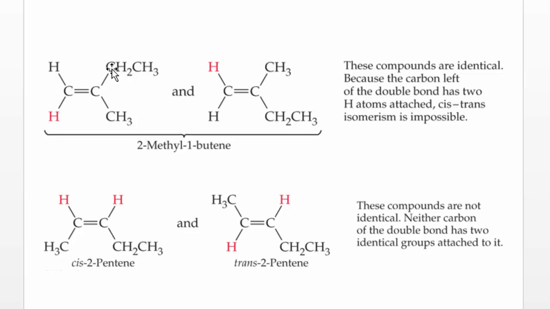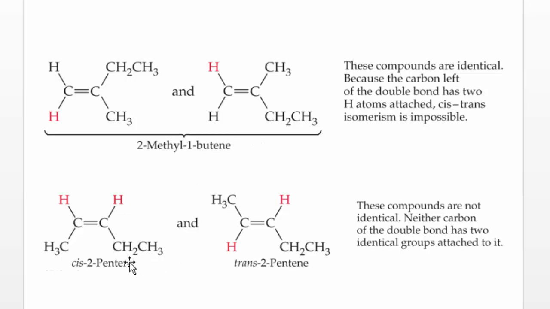And this carbon has 2 different groups, ethyl and methyl. But since these 2 groups are identical, because the carbon left of the double bond has 2 hydrogen atoms attached, cis-trans isomerism is impossible. This compound has no cis-trans isomerism.